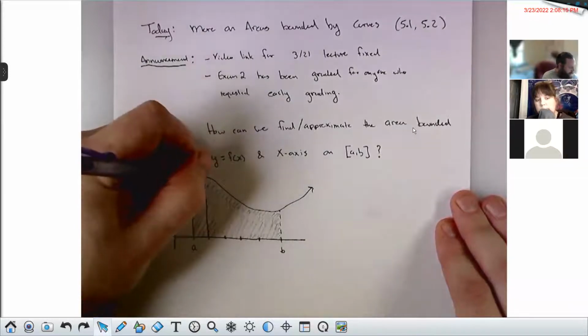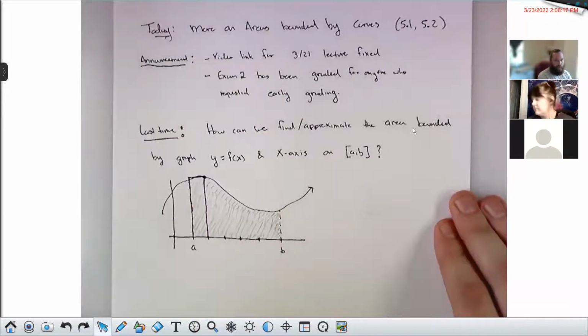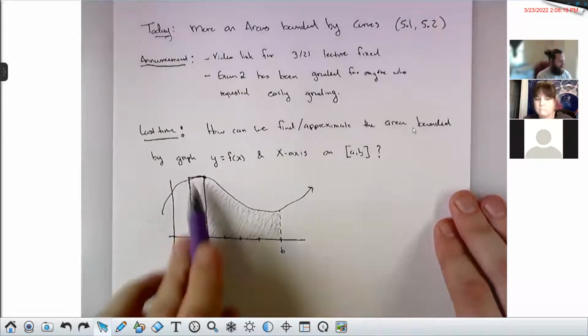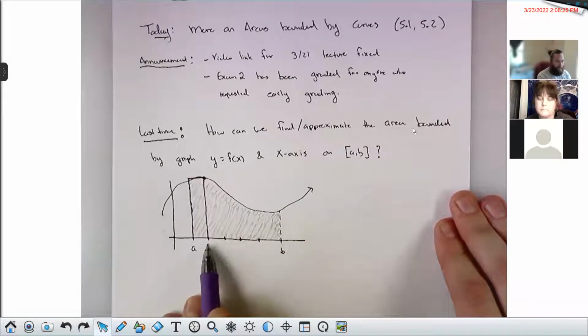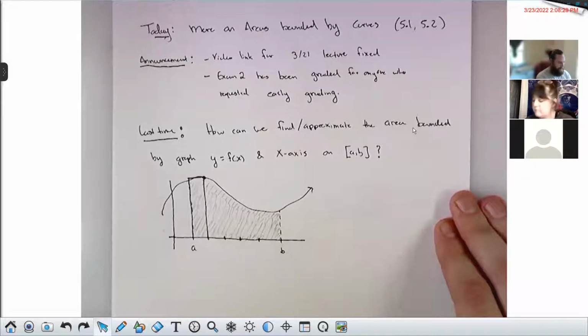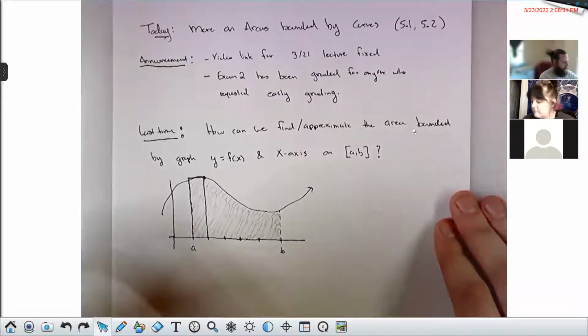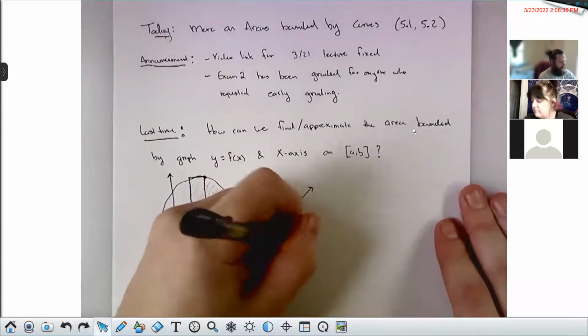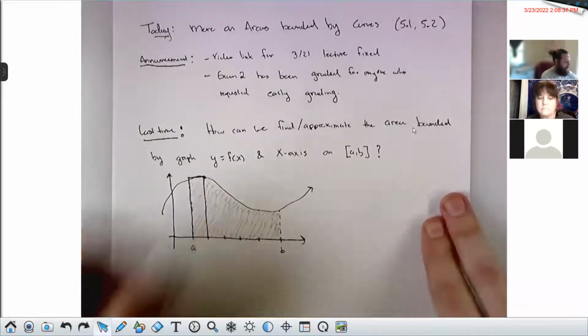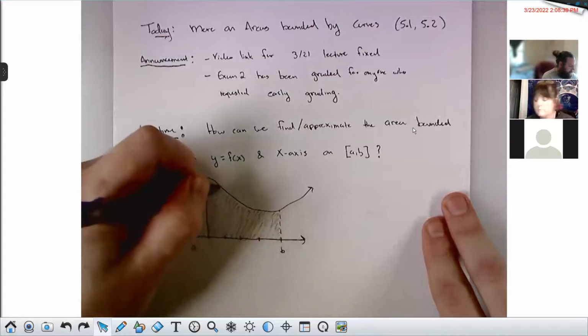The way I'm drawing it here, the height of this rectangle is determined by the value of the function, the y value up here, at the right endpoint of this little sub-interval. And you do that for each of these little sub-intervals.